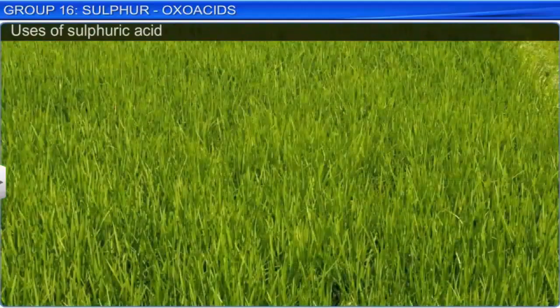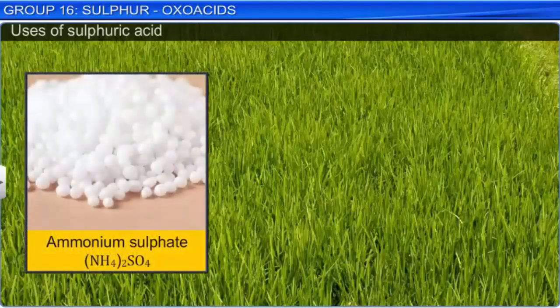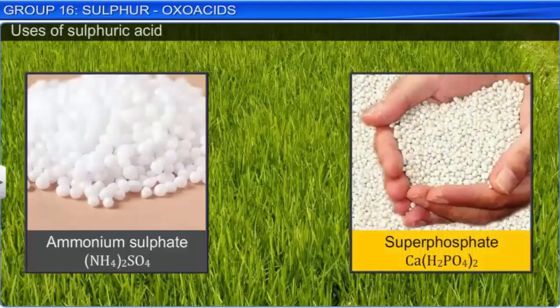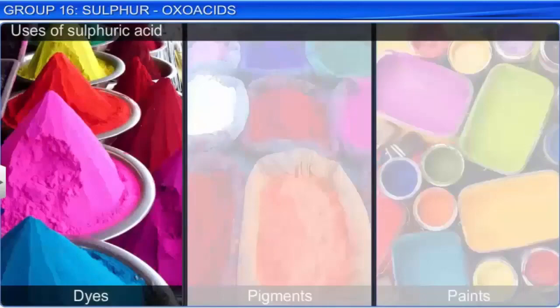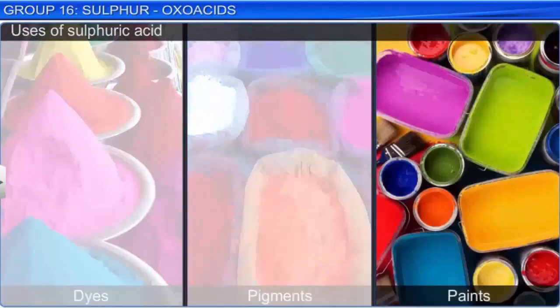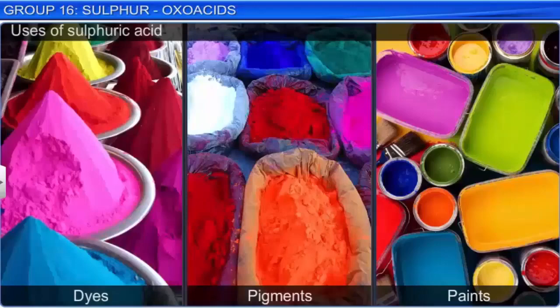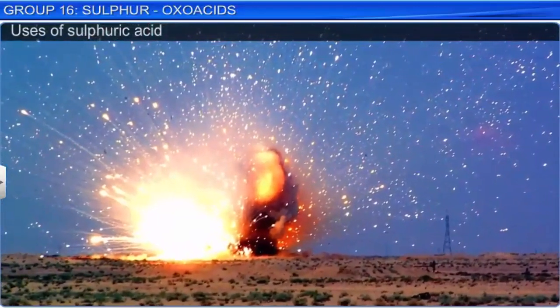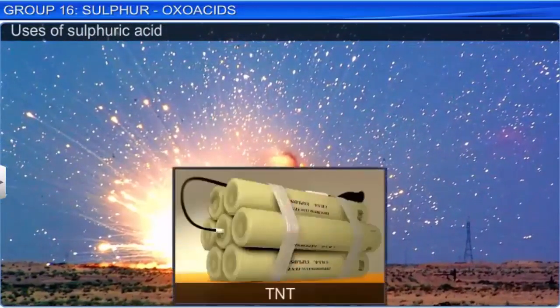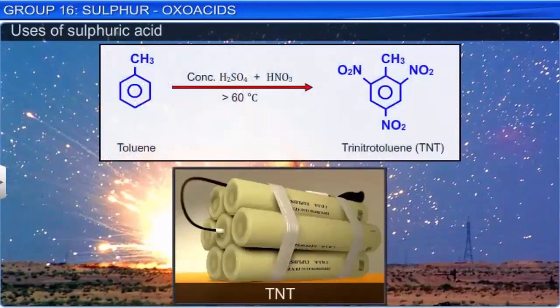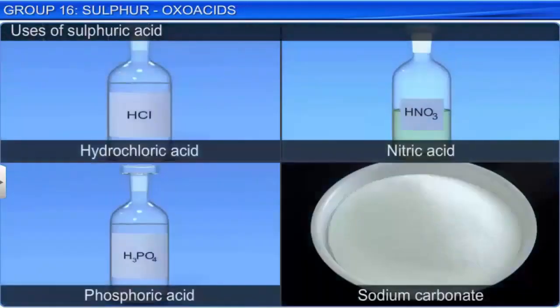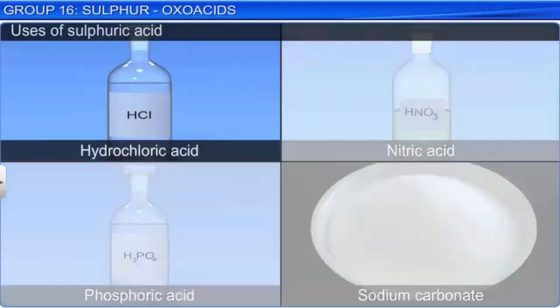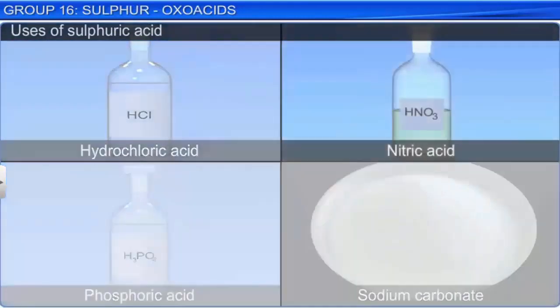It is used in the manufacture of fertilizers like ammonium sulfate and superphosphate, dyes, pigments, and paints, explosives such as TNT, and other important chemicals like hydrochloric acid, nitric acid, phosphoric acid, and sodium carbonate.